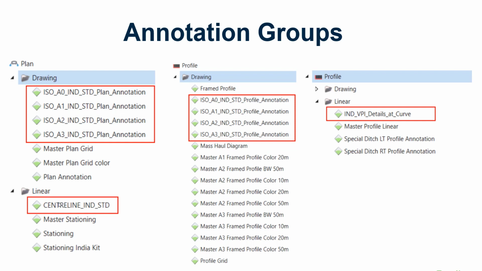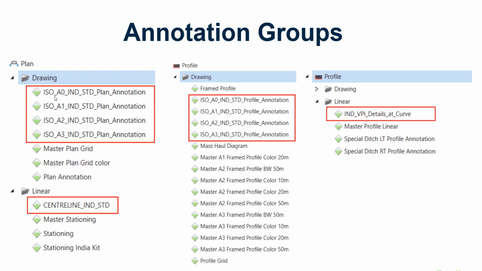Under linear, we have seen that our feature definition was assigned this annotation group. Basically, this annotation group of centerline in the standard has been linked with the feature symbology, and ultimately the feature symbology is linked with our centerline feature definition which we have assigned. Also, the annotation groups over here are present for different sheet sizes, like A0, A1, A2, and A3. Basically, the plan drawing annotation group is present in four variants for four sheet sizes.